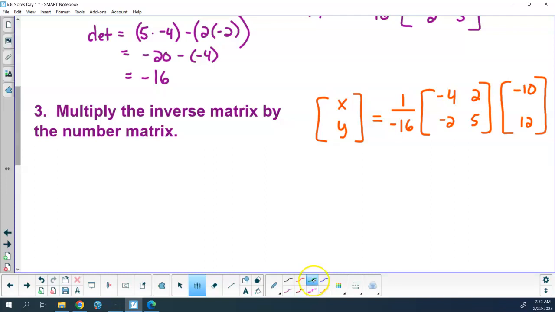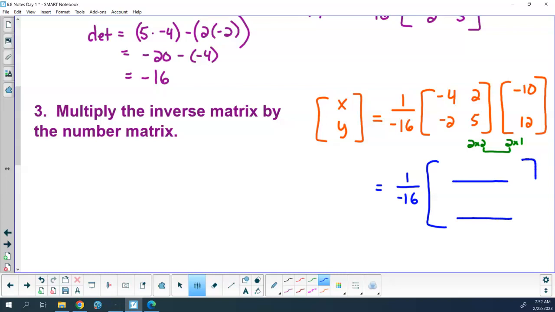Now, that's a legally doable 2 by 2, 2 by 1. I can legally multiply those two matrices together, and I get a 2 by 1 coming out. So let's do it. We're going to leave this -1/16 out in front, and then we're going to have a 2 by 1 matrix inside.